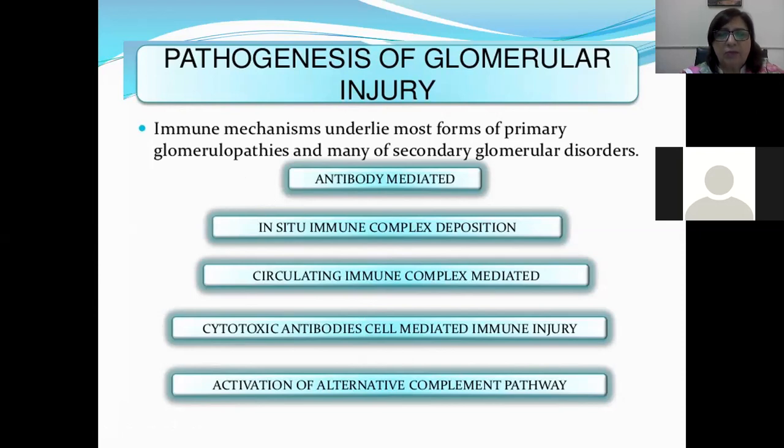Either it is going to be antibody mediated, or there can be in situ immune complex deposition, or circulating immune complexes are going to be deposited in the glomeruli because of the charge and the filtration which occurs through the glomeruli. So cytotoxic antibodies are going to be formed against the glomerular cells, leading to injury, or activation of the alternate complement pathway.